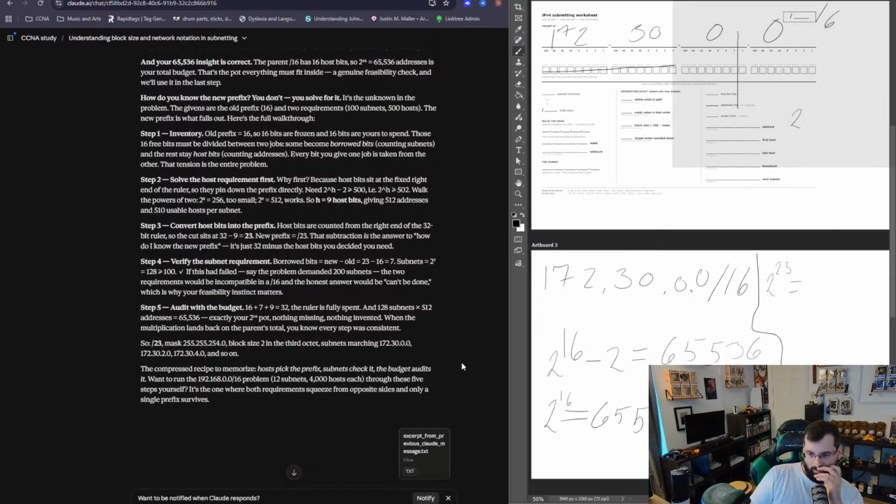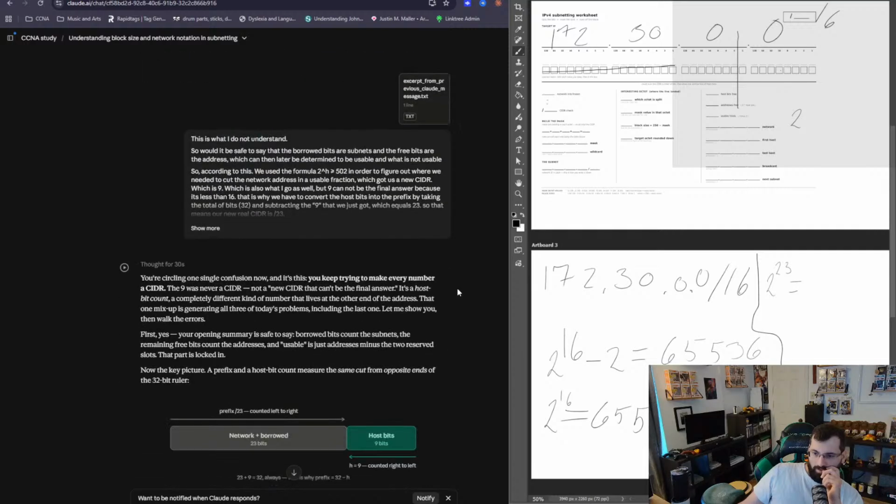Then the slash 23 mask, block size is 2 in the third octet, subnets matching 172.30.0.0, 172.30.2.0, 172.30.4.0, and so on. But it's asking for 500 hosts.